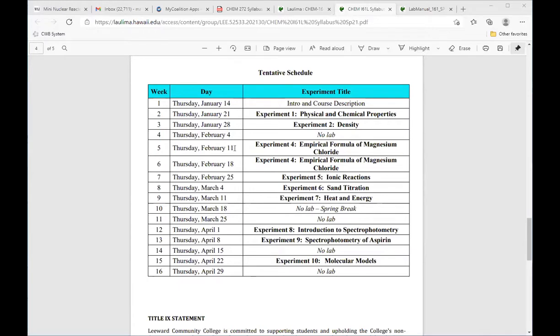So I'm going to do the lab this week, but then I'm going to do the lab again next week for the students that are in my lecture. For those of you in my lecture, you have the option of staying in this one or the next week one.